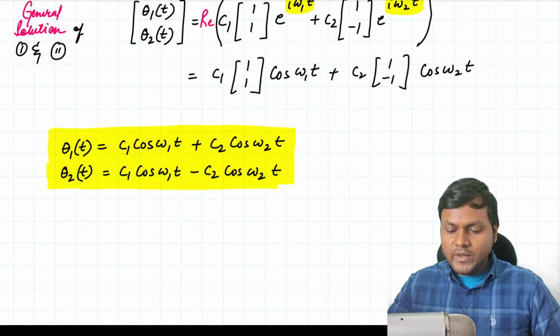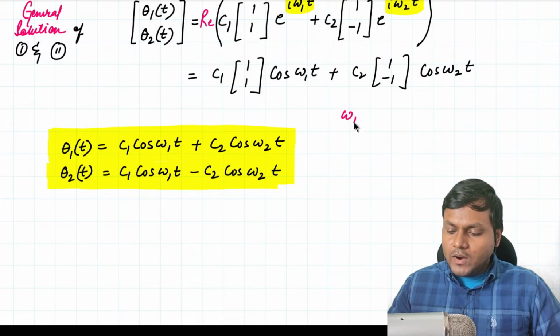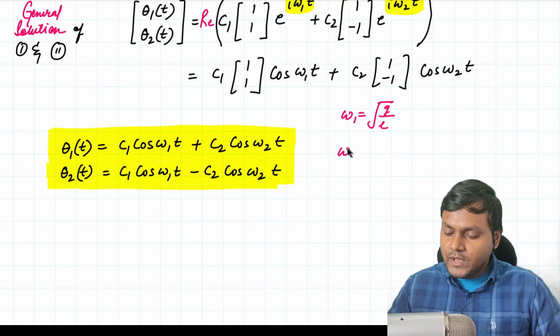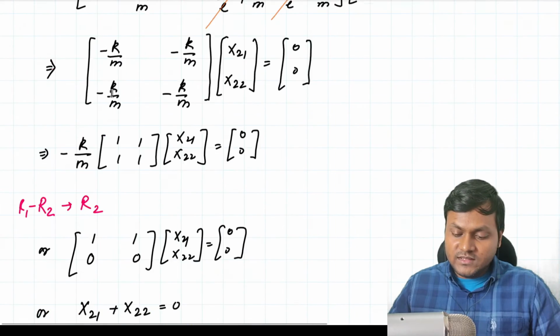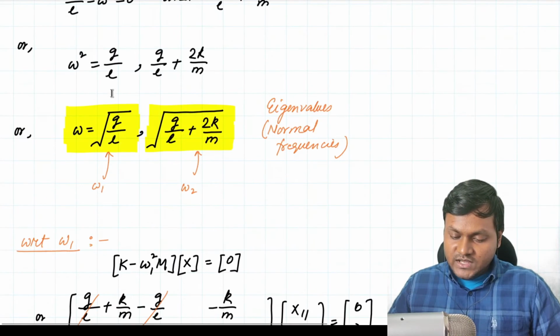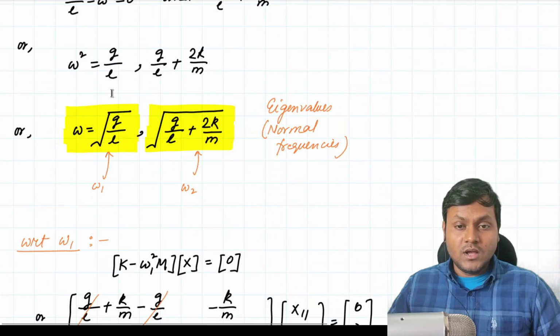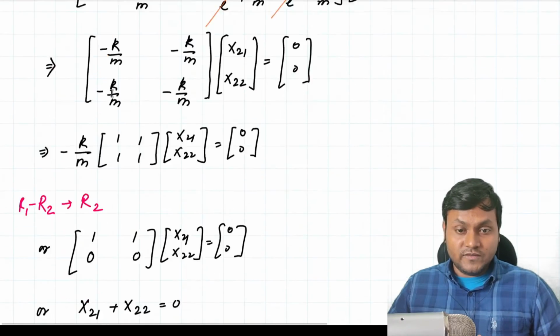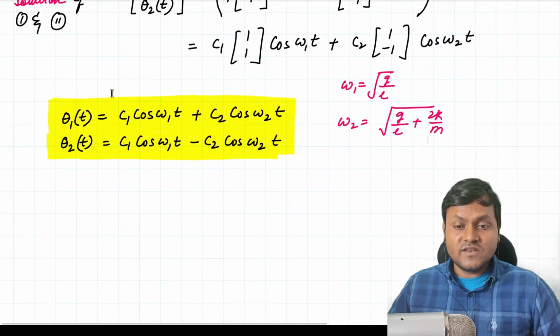What is omega 1 and omega 2 here? Omega 1 is simply the frequency g upon L, and omega 2 is another frequency, g upon L plus 2k upon m. Omega 1 and omega 2 are the eigenvalues of the determinant equation, and they are two distinct frequencies.